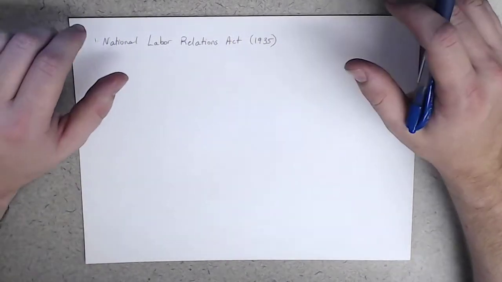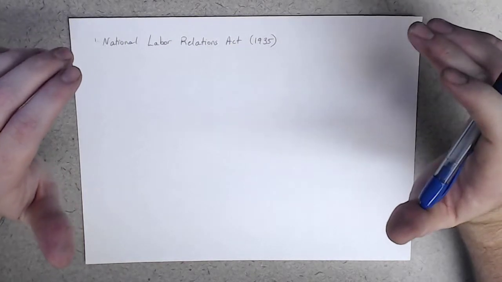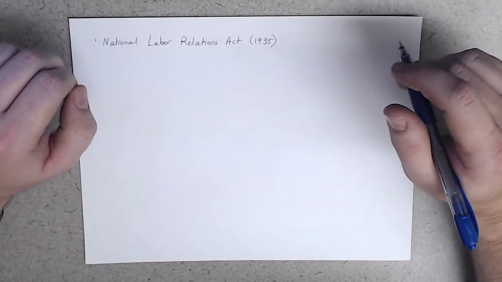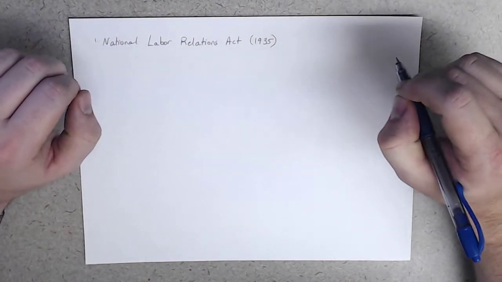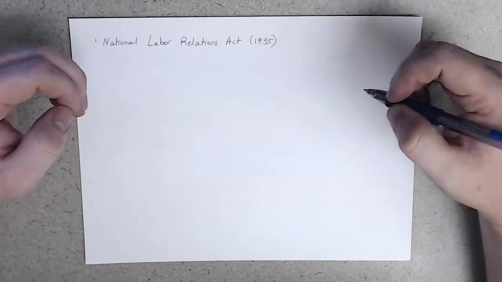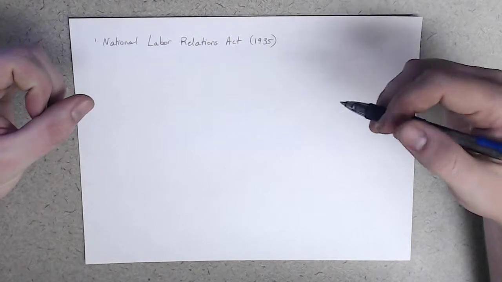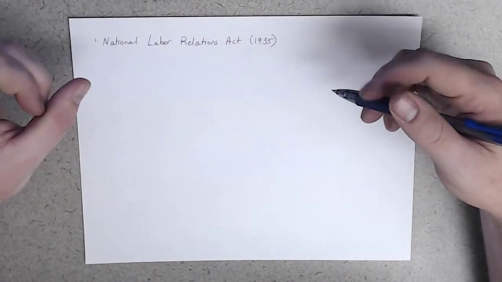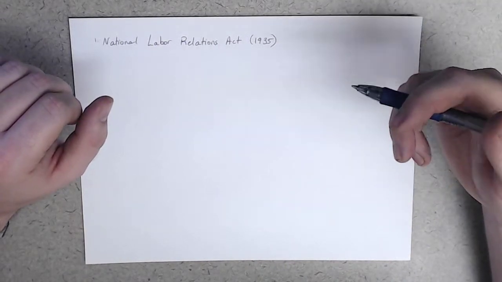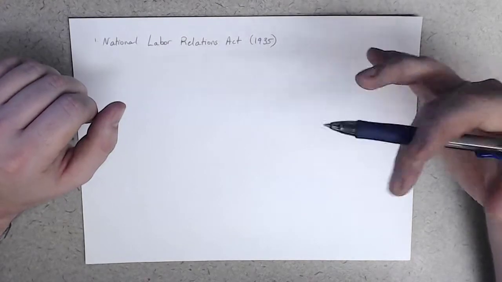So what this says, which is an interesting thing, is that workers have the right to unionize, okay? And the National Labor Relations Board is allowed to conduct elections to see if employees want to be represented by a union. And then they also have the right to investigate claims that employers are either violating the election rules or refusing to bargain with elected unions.